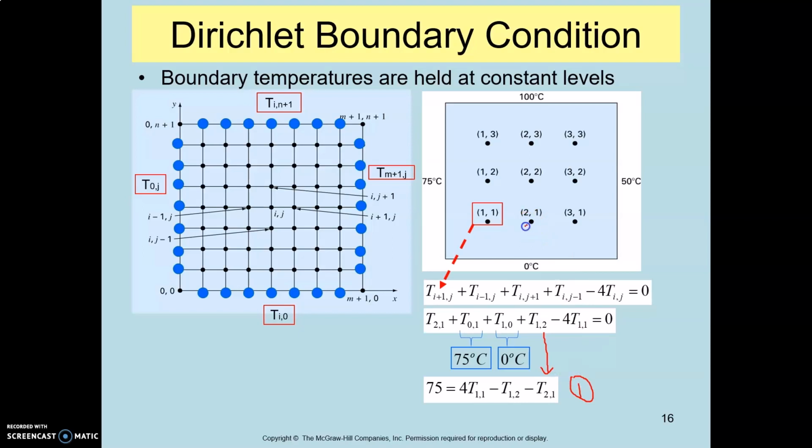So let's continue with the second point. So let's say you want to find T21. So you need to minus 4 here. Let's follow the general equation. So for the rest, you need to find the temperature at 4 nearby points here. Right, so for these 2 points, T22 and T31, we don't know the information, so we just write it.